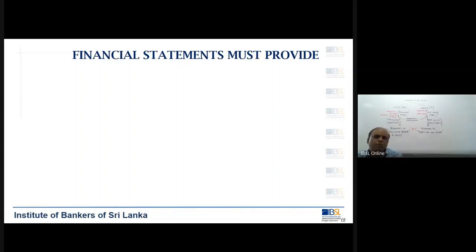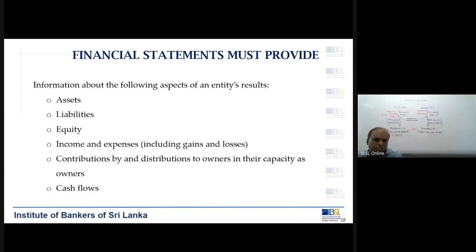So what should be provided in the financial statements? As I told you, every reader should be able to find out what the total assets are, what the elements there are, what the total liabilities are, what the elements there are, what the equity components are, how much income and expense this company has generated, contributions by and distributions to owners in their capacity as owners, meaning how much dividend or other form of income you have given to your shareholders.